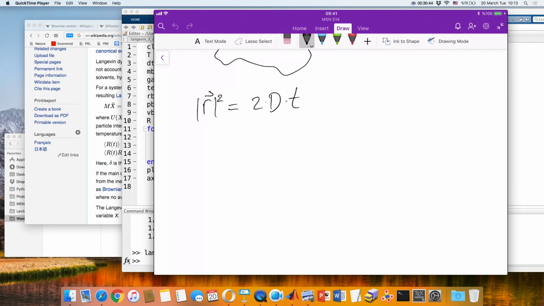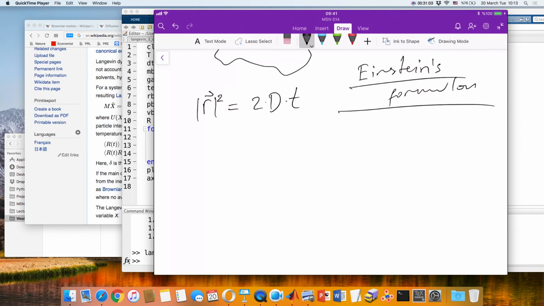Yes. One more thing, and it is called Einstein relationship, Einstein relation, Einstein's formula. It also connects, since we already connected fluctuation with dissipation, right?